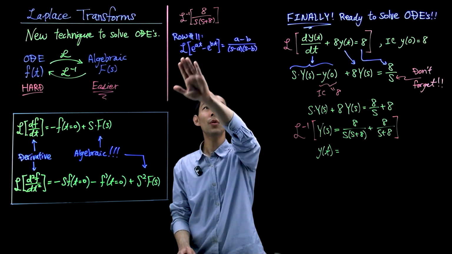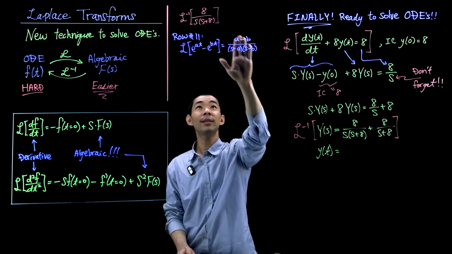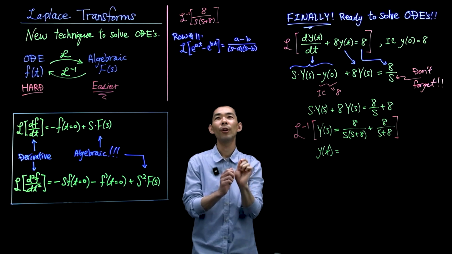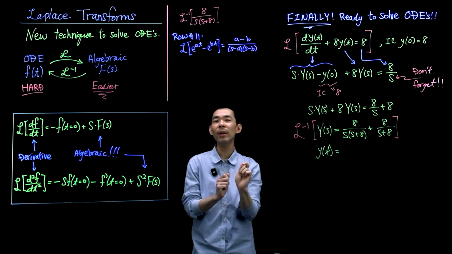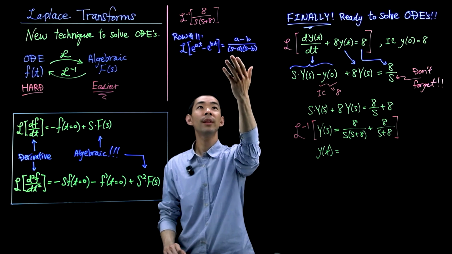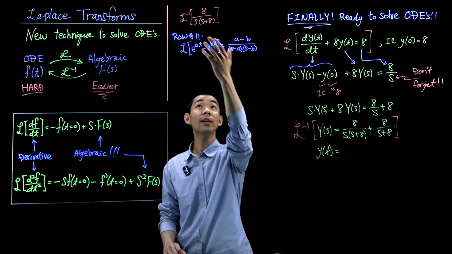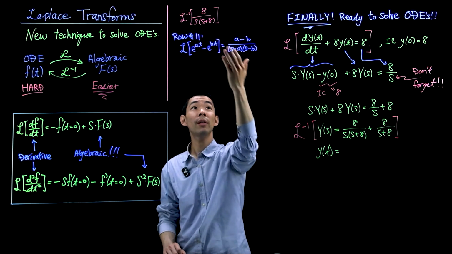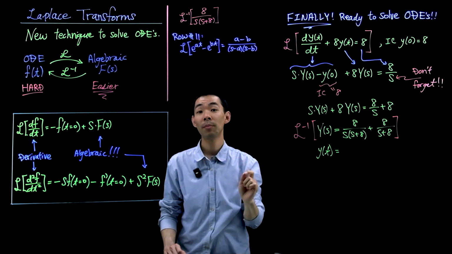Okay, so this is row number 11, and this is what we have on the right-hand side. So you think about how could we make this true? First of all, this over here on the bottom left, s minus a, that could look like our function 1 over s on the bottom left over here if a were equal to 0.